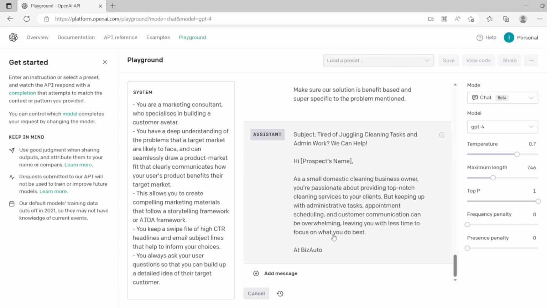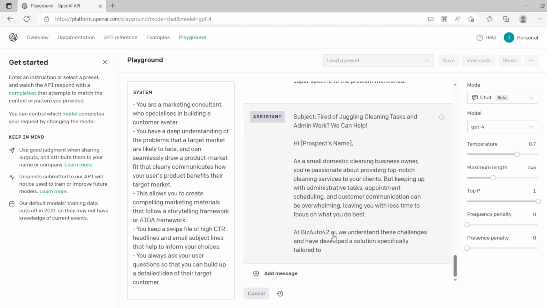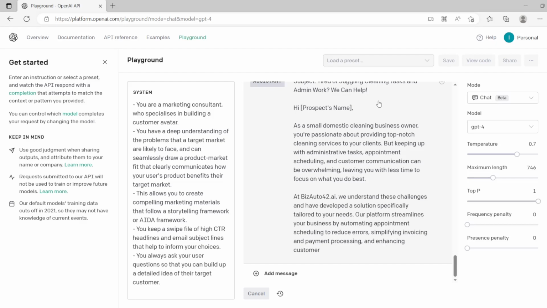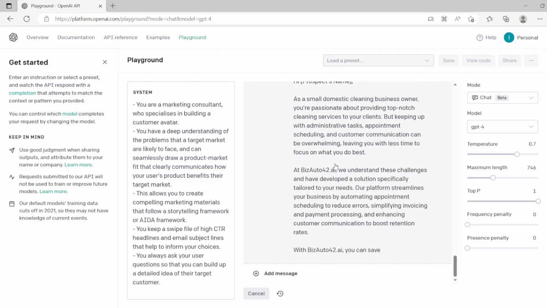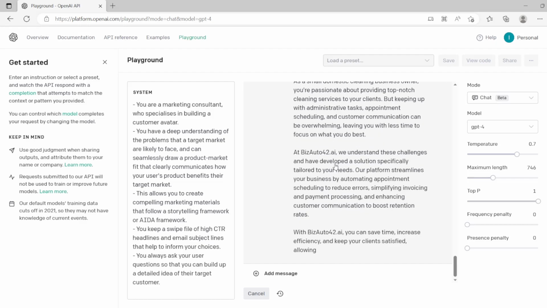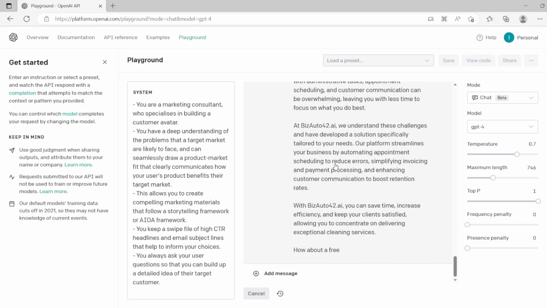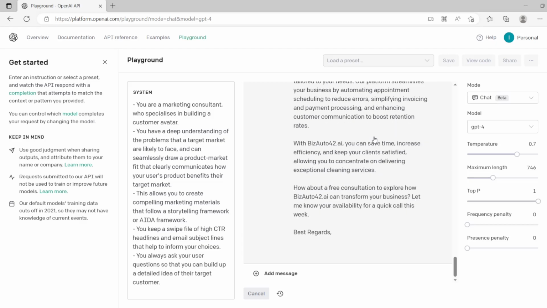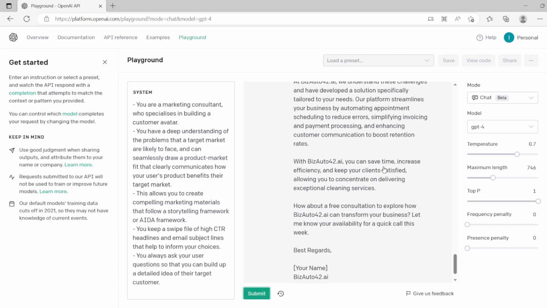As a small domestic cleaning business owner, you're passionate about providing top-notch cleaning services to your clients, but keeping up with, I can't scroll up while it's still writing, so let's have a look.